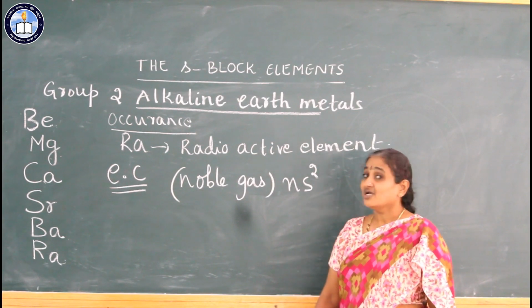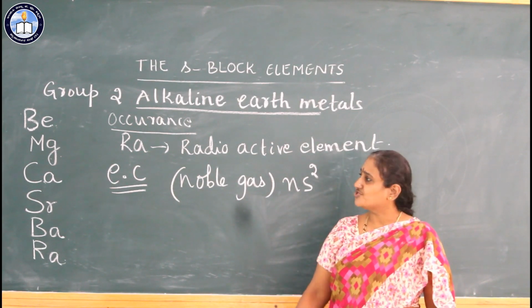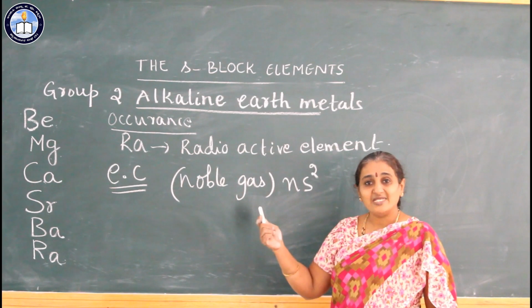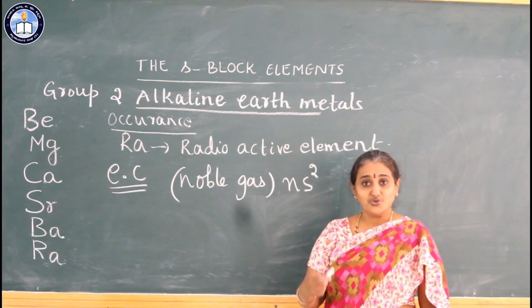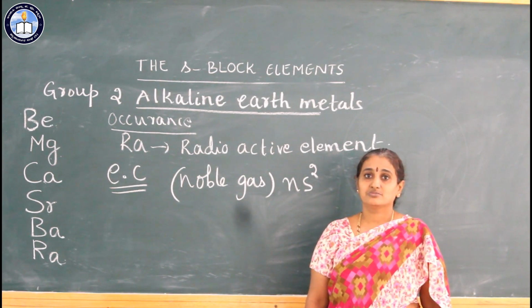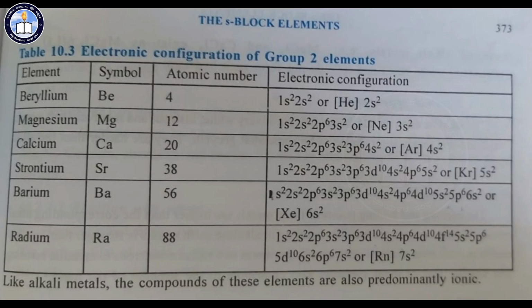So let us learn the electronic configuration of all the alkaline earth metals, that is group 2. Electronic configuration of group 2 elements, that is alkaline earth metals, is according to the table. Element beryllium, atomic number 4, its electronic configuration 1s2 2s2 or helium 2s2.